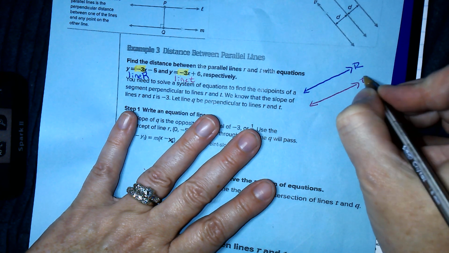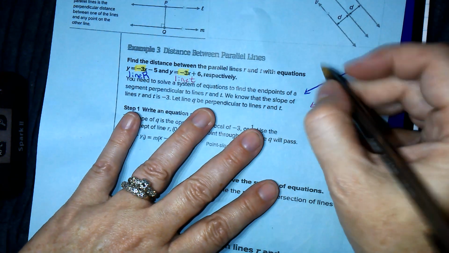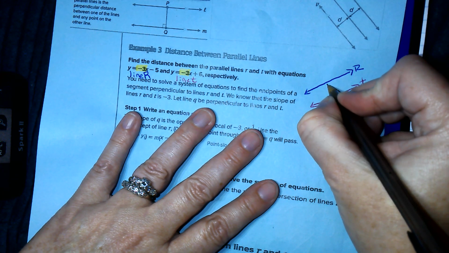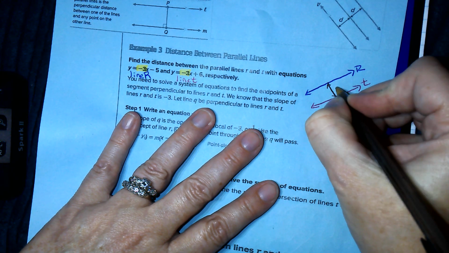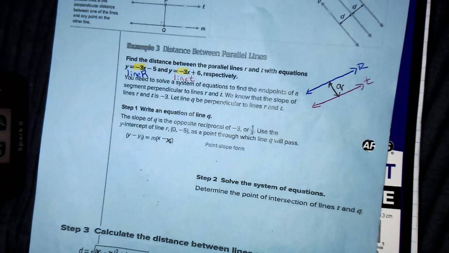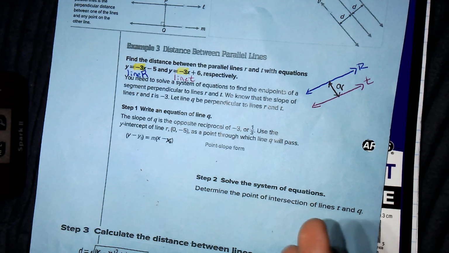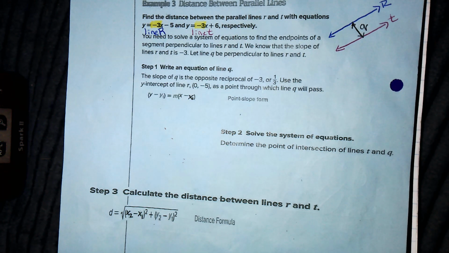That's line T. And then it says, let Q be perpendicular. Okay, Q. All right, so I draw a picture to represent it. All right, so first up, let's see. I need to write my equation for line Q.